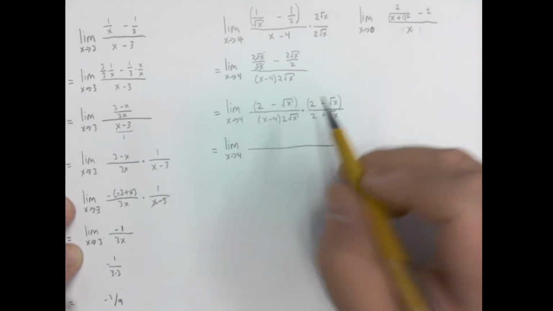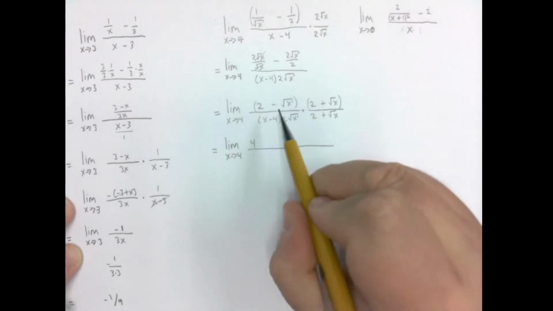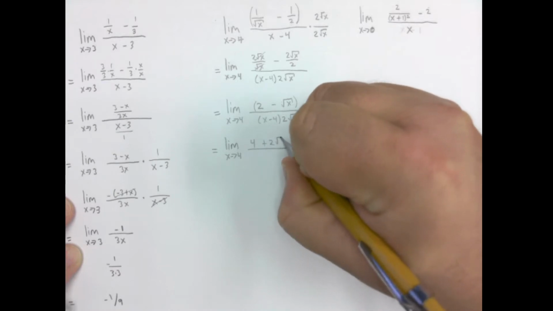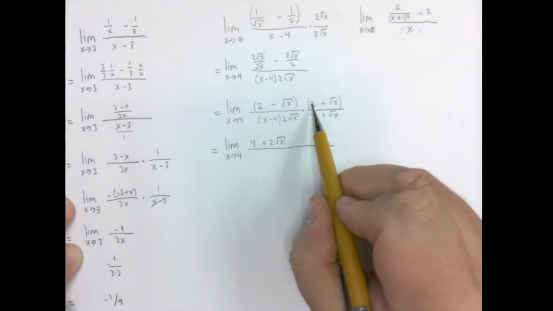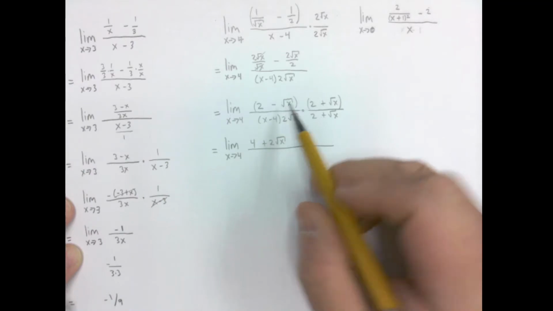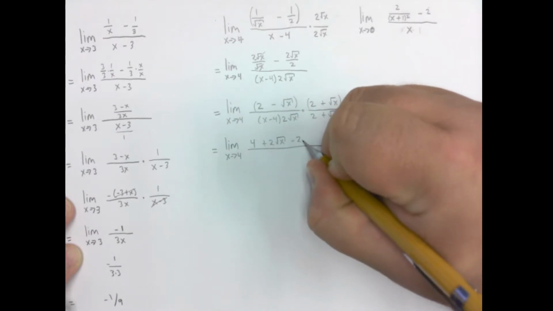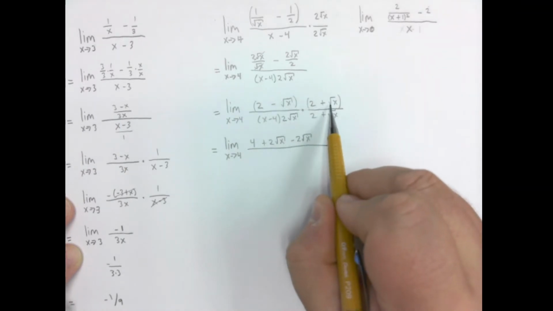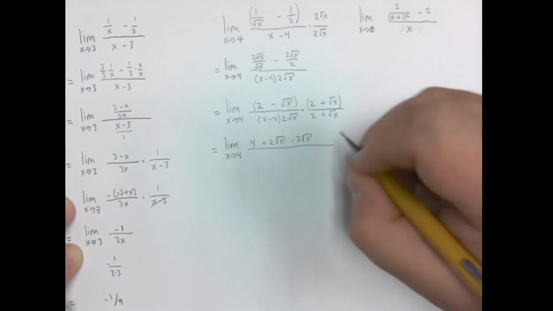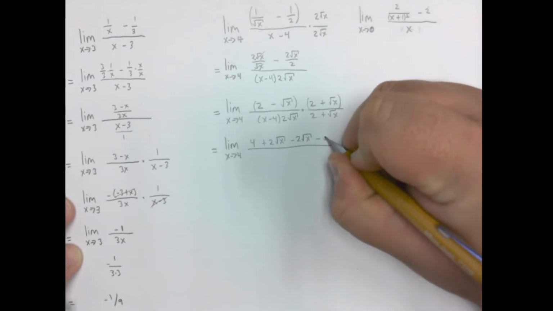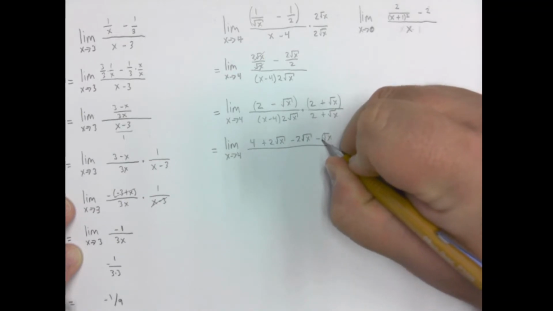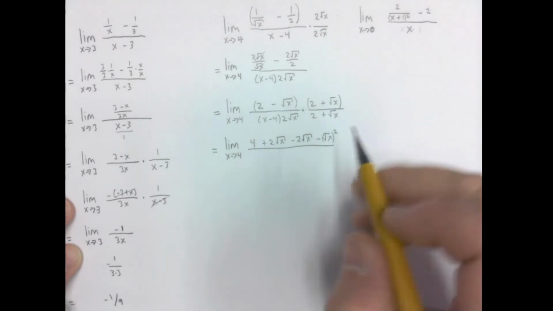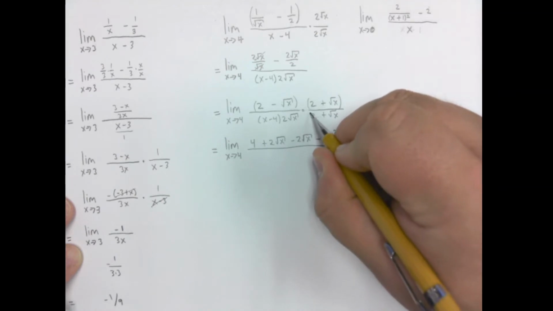If you multiply 2 times 2, you get 4. 2 times the square root of x is just 2 square roots of x. 2 times negative square root of x is negative 2 square roots of x. Then we have negative square root of x times positive square root of x. That gives us negative square root of x squared.